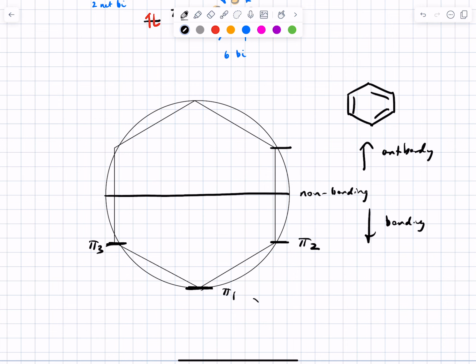And then this would predict that in the anti-bonding area, I have 3 other orbitals, pi 4, pi 5, and pi 6, that are all anti-bonding, but pi 4 and pi 5 are equal to each other in energy.